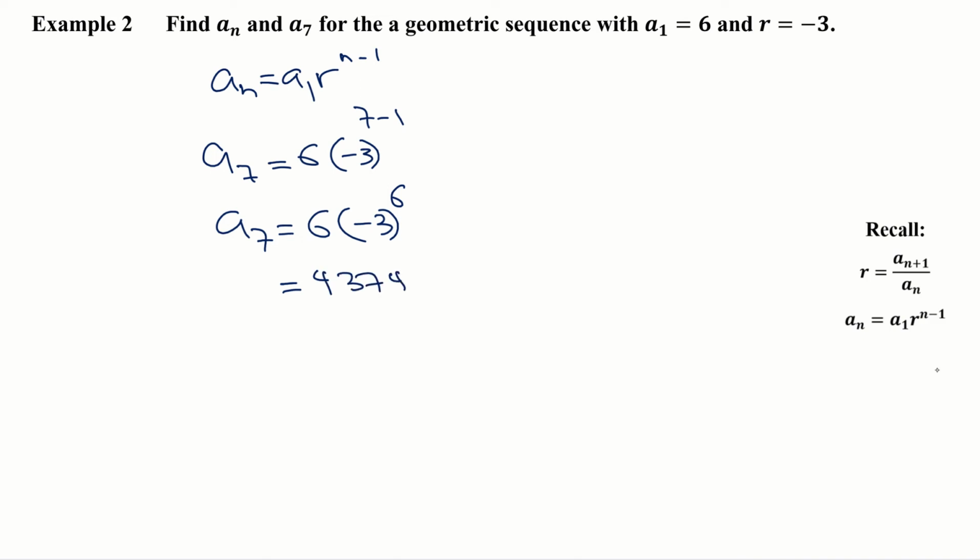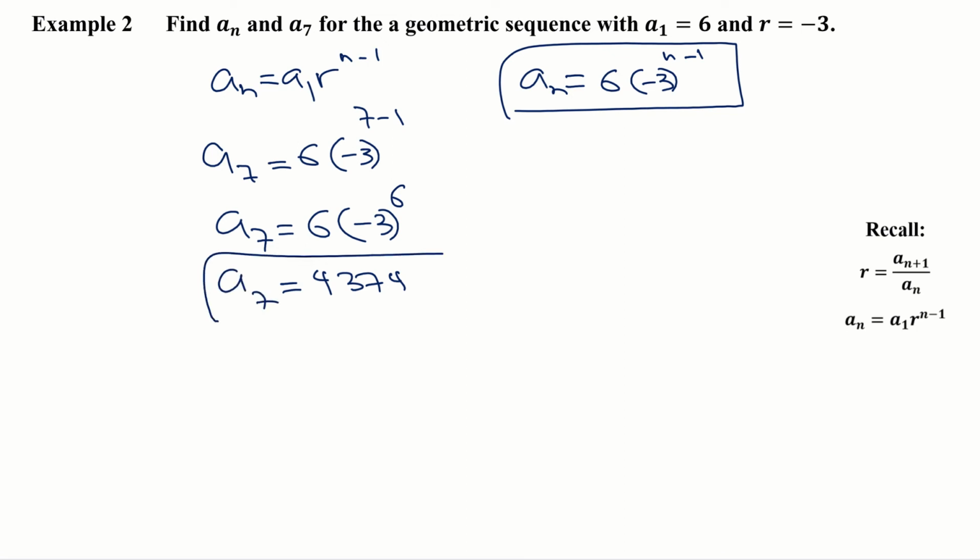As far as an itself, it's very easy for this particular scenario, because it's just going to be a1, which is 6, times quantity -3, to the power of n minus 1. So that would be the formula that gives us the general term an, and A7 in particular is 4,374. Okay, very simple, fundamental, make sure you understand it, and we'll proceed.